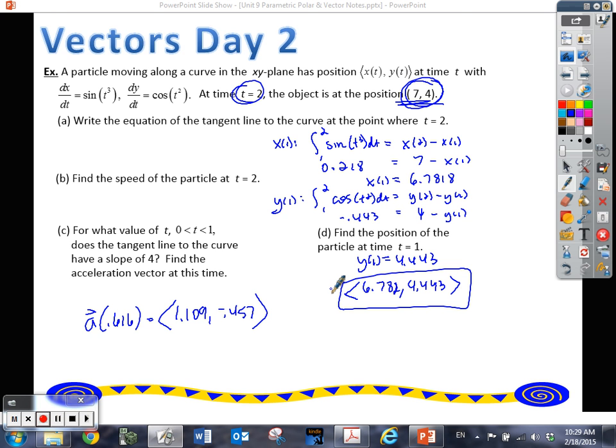We okay? Notice the position, I want you to look up here at what they wrote. The position is a vector, right? That's what they wrote. We're not going out on a limb here. They said the position is a vector. So I'm writing the position as a vector. Okay? Are we okay?